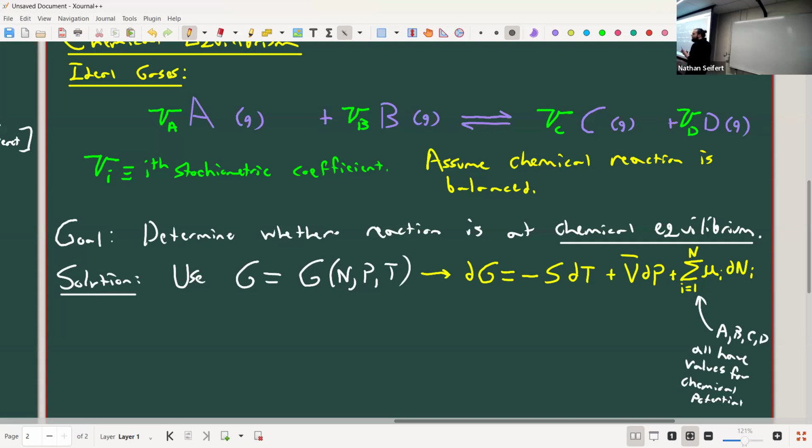If we change the pressure by 1 bar, the energy changes proportional to the molar volume of that material. It's the same idea here. If we add 1 mole of material, the energy is going to change proportional to this value of the chemical potential. So you can think of it as an energetic cost or an energetic benefit, depending on the molecule, to adding or removing a molecule from the system.